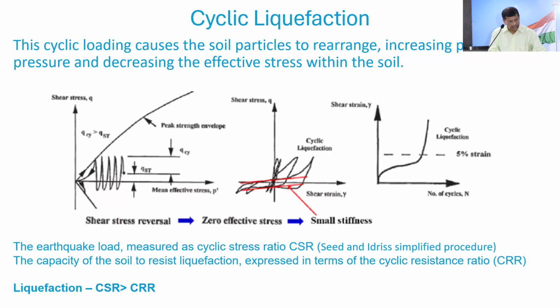Here you can see it starts with the stress reversal, then it goes to zero effective stress. Here you can see that the shear stress and the shear strain go down even to zero during the cyclic liquefaction, and that's how your stiffness is reduced.